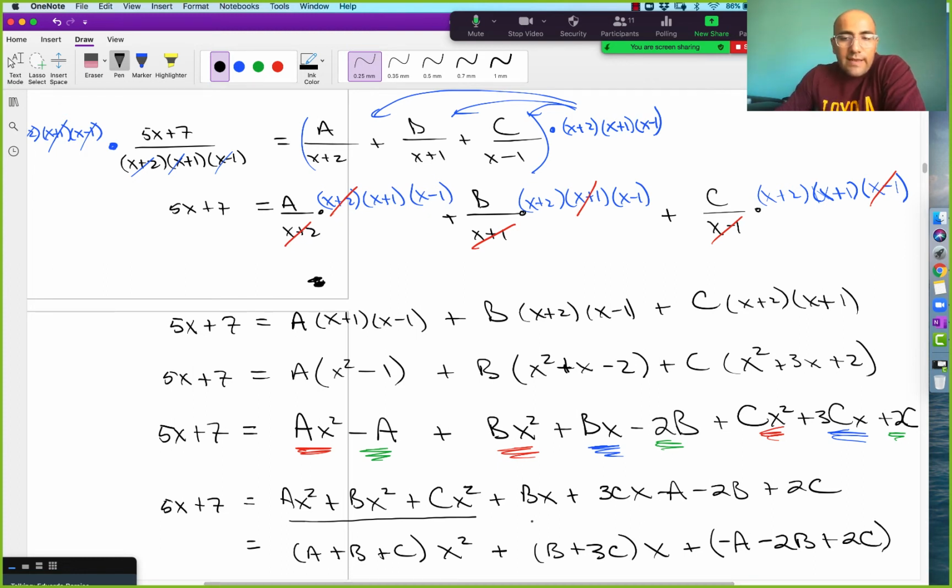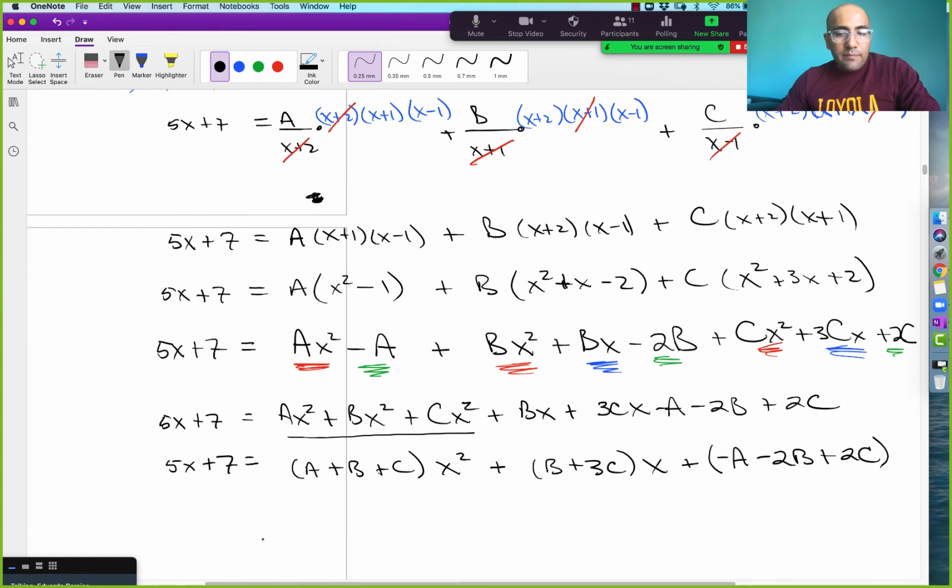Good. And now the really, really interesting yet tricky part is to note the following. On the left-hand side, I'm just leaving it alone, and I'm going to group these up in the following way. This is a very powerful statement, right? They're equal to each other. Everything on the left-hand side equals the right-hand side.